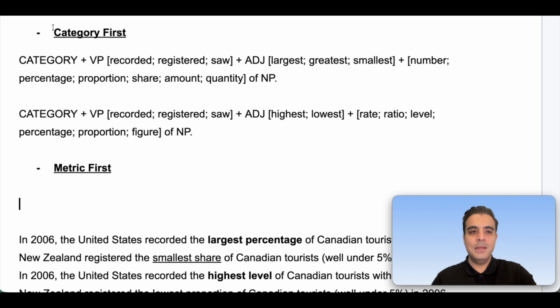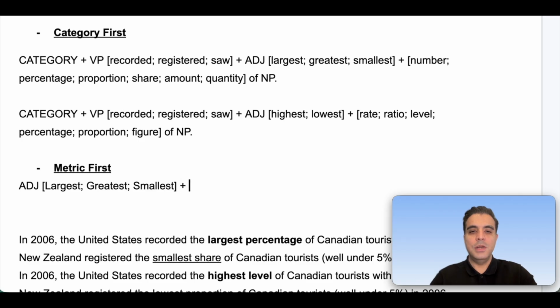So whereas in the category first structure, we started with the category, as the name suggests, this time we're starting with the metric. That is, we are starting with the highest, the lowest. In other words, the adjective which appeared in the middle of the category first structure now begins our sentence. And some of the adjectives that you can use here include the largest, the greatest, and the smallest.